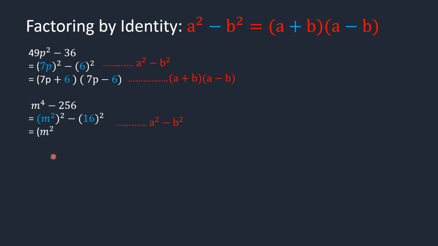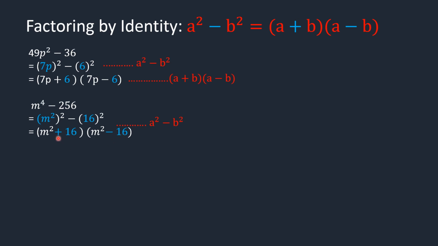We will write their factors as m squared plus 16 multiplied by m squared minus 16. Square root of m squared is m squared. Square root of 16 squared is 16. So the factors are m squared plus 16, m squared minus 16.